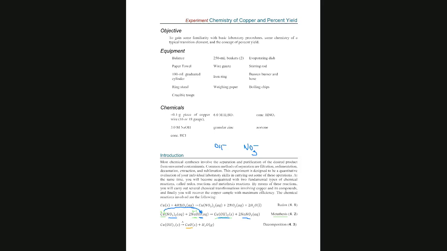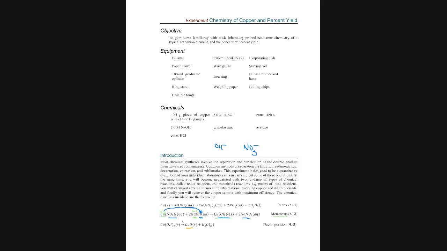You want to recover as much copper as you can. And then there is a question in the report that you will need to answer. And it is asking, what are we removing or washing with the water?